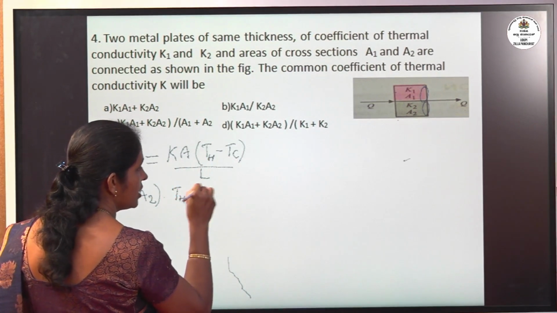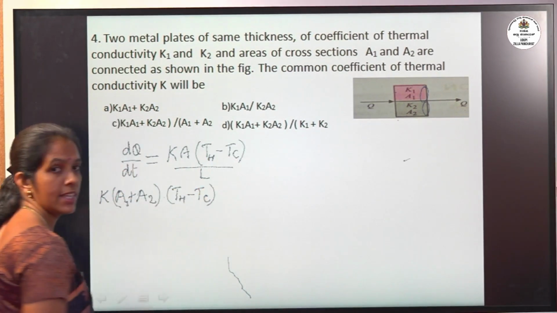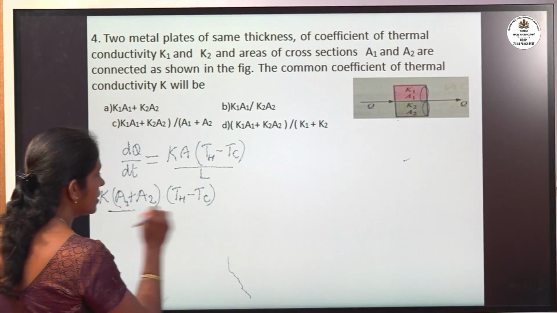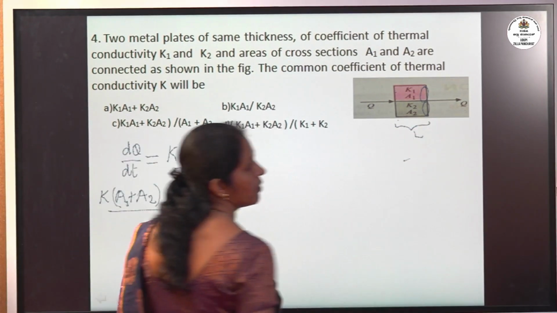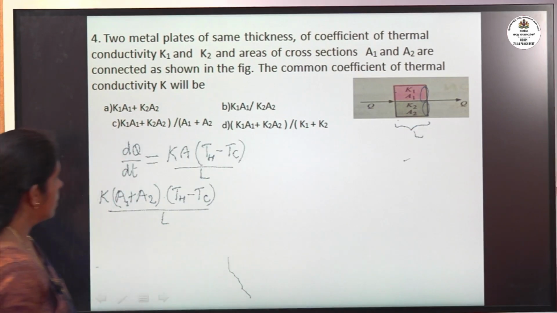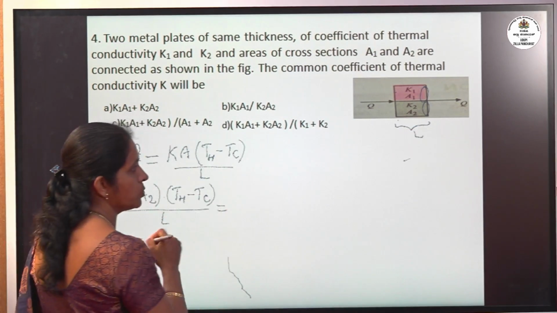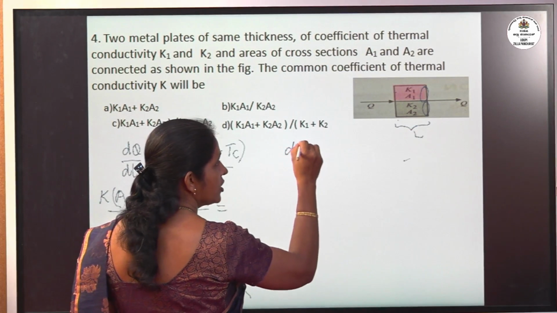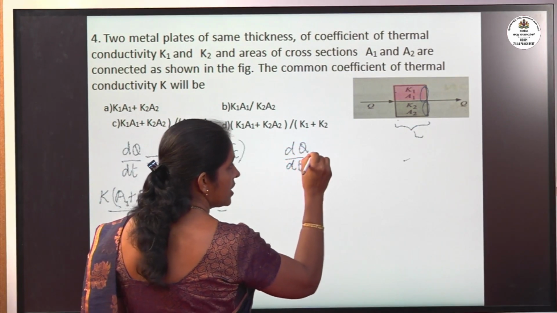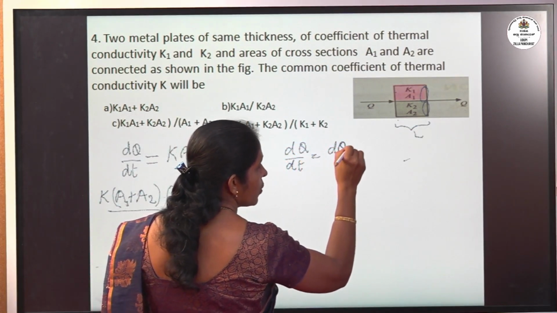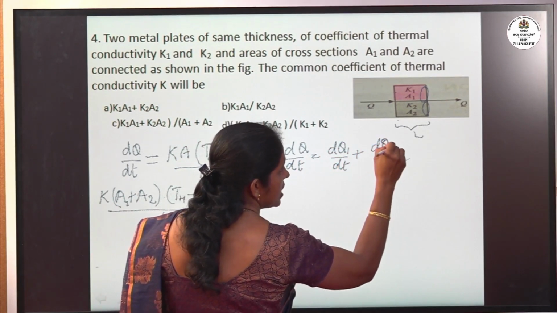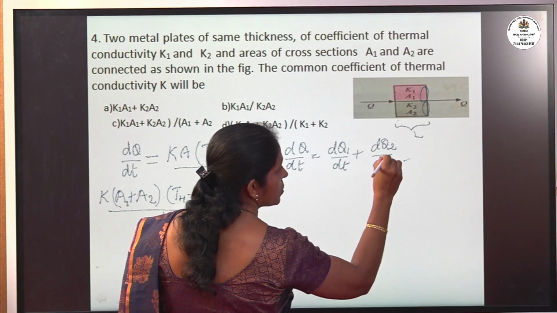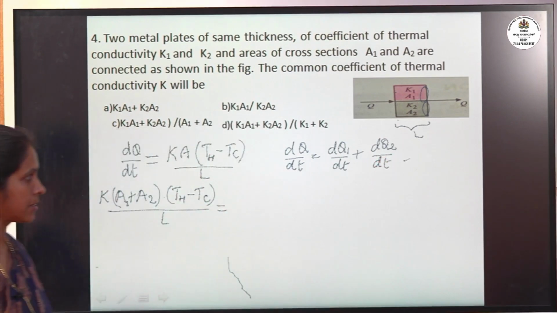Temperature is not given in this equation. Let us write it as it is, divided by the separation between hot end and cold end, this is L. This is also equal to the common rate of flow of heat, which is equal to the rate of flow of heat due to the first conductor plus the rate of flow of heat due to the second metal conductor.